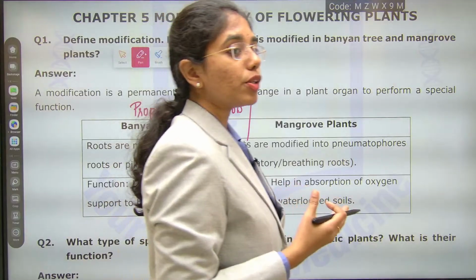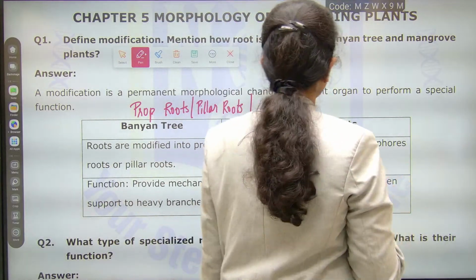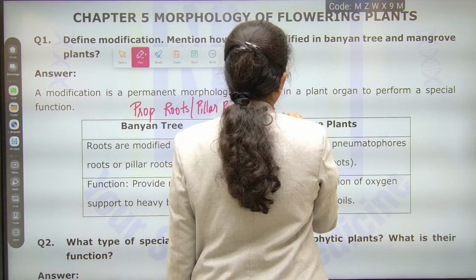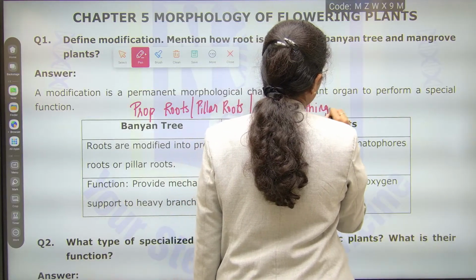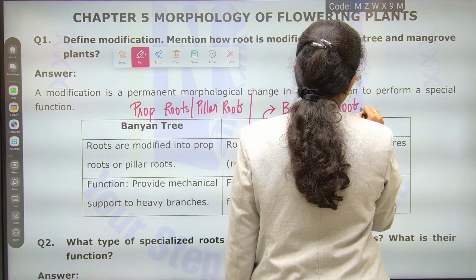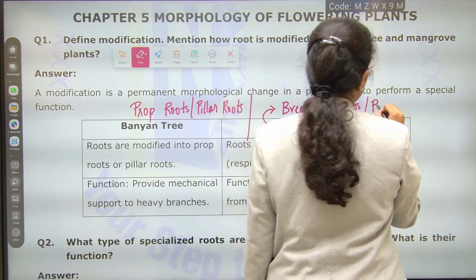Mangrove plants will show what type of root modification? The roots in the mangrove plants are breathing roots or respiratory roots.